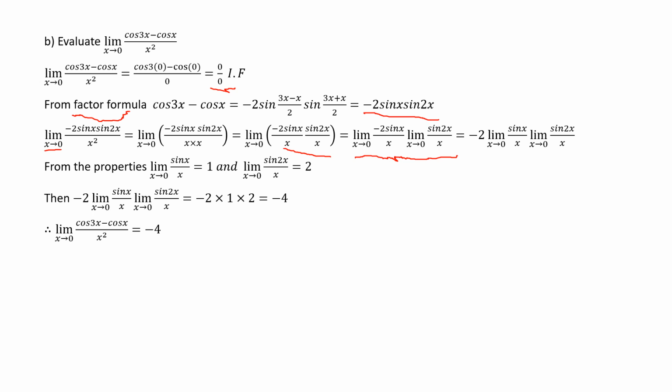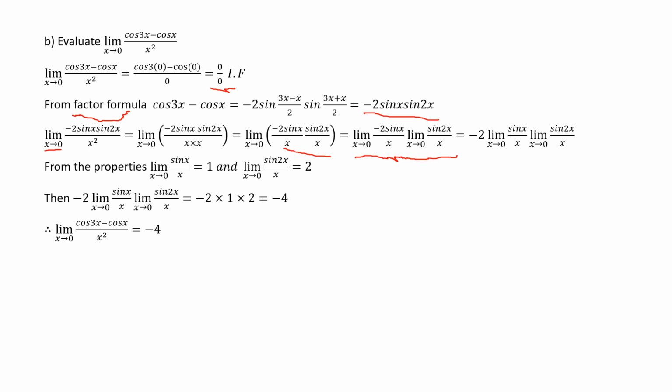But you can also find the limit of each function, then multiply the answers you have got. So it will be negative 2 times the limit as x tends to 0 of sine x over x, and the limit as x tends to 0 of sine 2x over x.